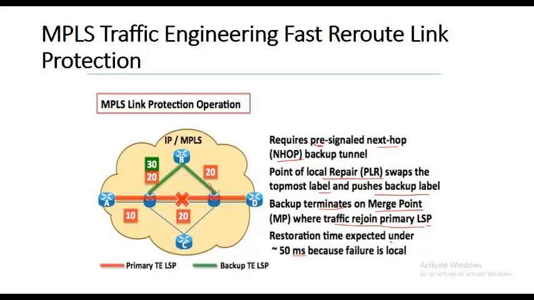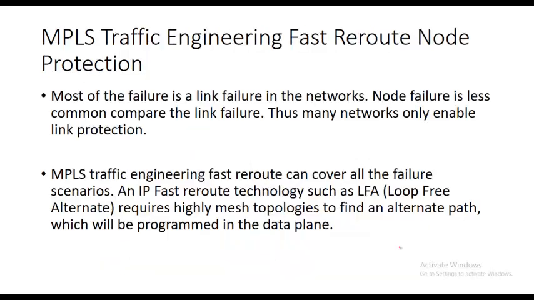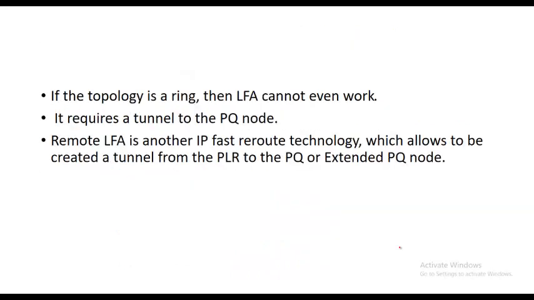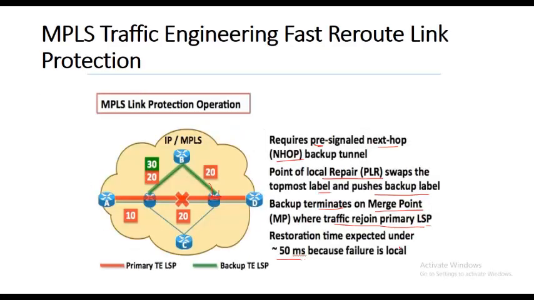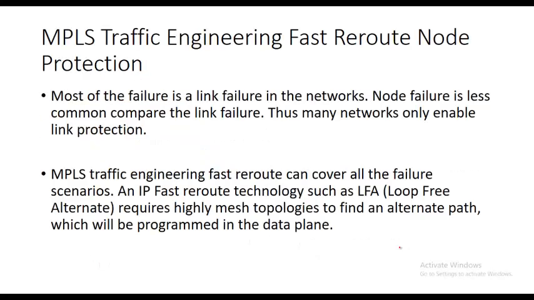MPLS traffic engineering fast reroute can cover all failure scenarios. An IP fast reroute technology such as loop-free alternate requires a highly meshed topology to find the alternate path, which will be programmed in the data plane.